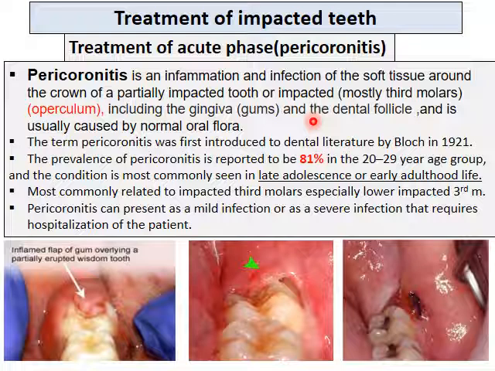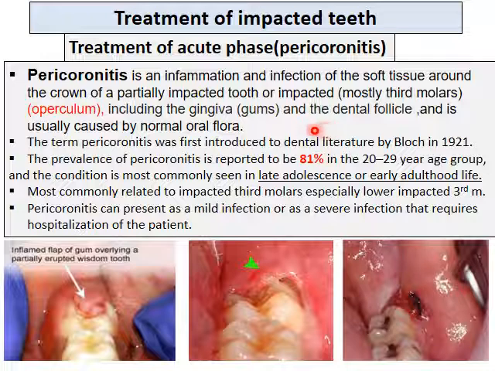As a definition, pericoronitis is an inflammation and infection of the soft tissue around the crown of a partially impacted tooth or impacted teeth, especially third molars and especially the lower third molar.